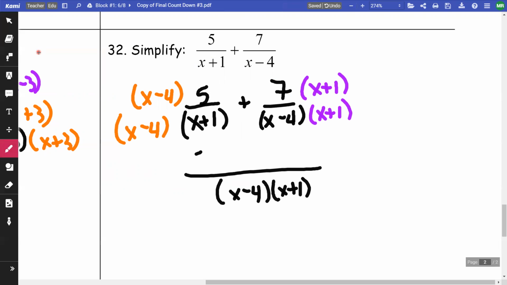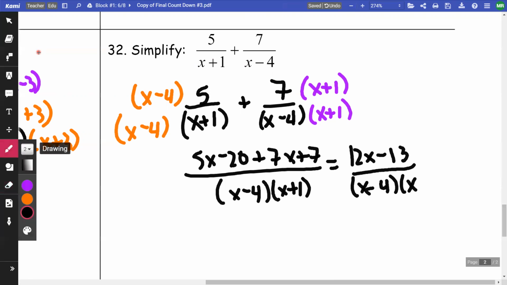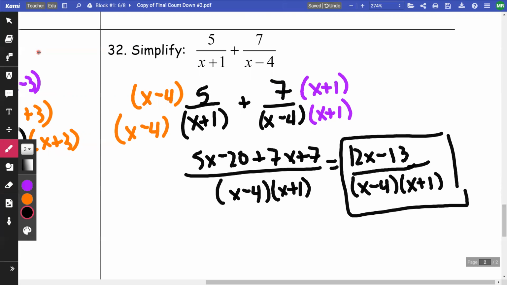And on top, I'm going to get a 5x minus 20 plus 7x plus 7. So that's going to give me a 12x minus 13, not factorable, over x minus 4 times x plus 1. And that's your answer.